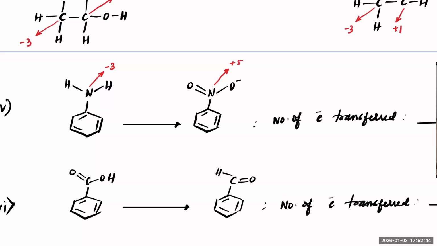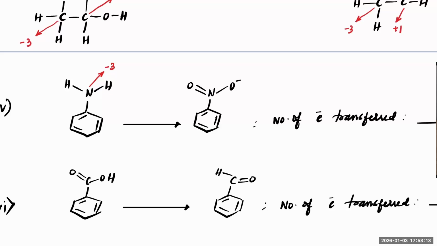+5. Correct? Are you sure it is +5? Check again. See, how many is it losing? 2 it is losing here, 1 it is losing here, and 1 it is gaining also, no? With respect to carbon, it is more electronegative. So how much is it? 3.